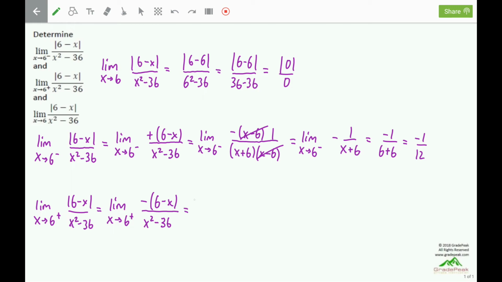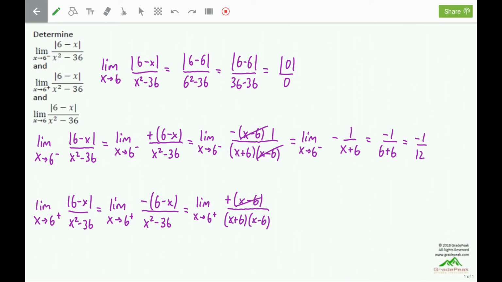We have the 0 over 0 indeterminate form, so we will once again want to factor and cancel. In the numerator, I'm going to factor a negative out of that 6 minus x. That will make it become positive, and switch the signs on the x and the 6 in there, just so it's ready to cancel, because the denominator factors as a difference of squares, x plus 6 and x minus 6.